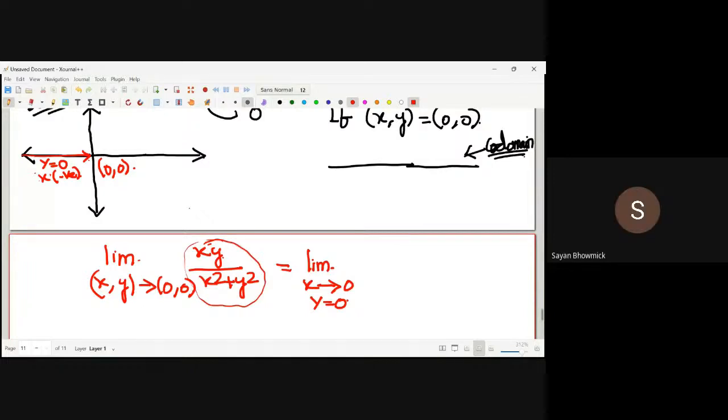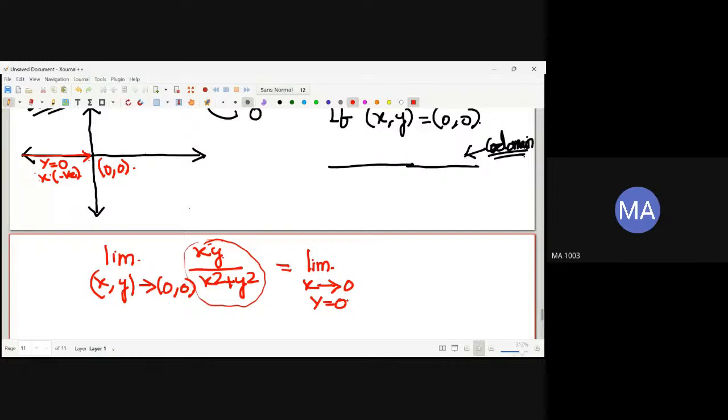Yes, because the numerator is 0. So when I'm coming to this point 0, 0 using this path, let's say p1, my value of the function is approaching 0, and in this case it's precisely 0.